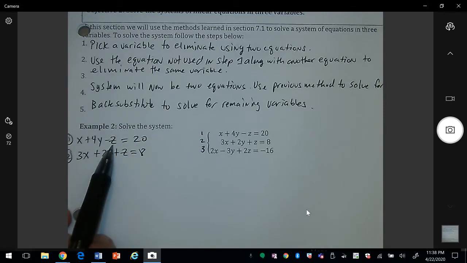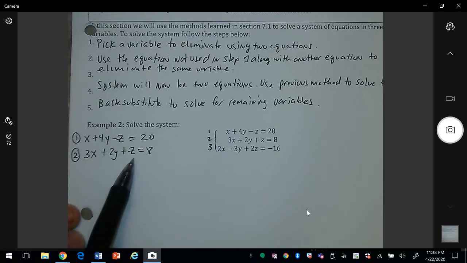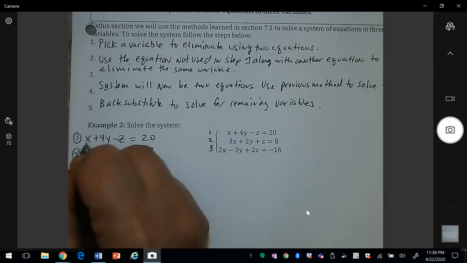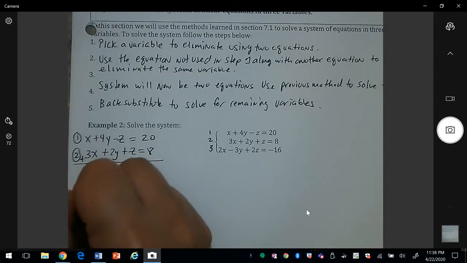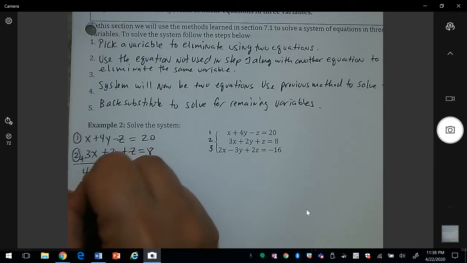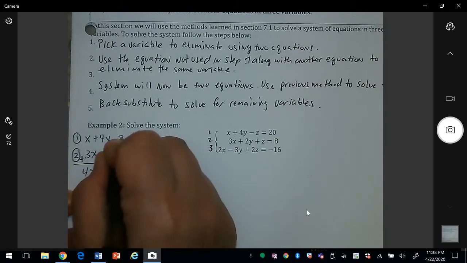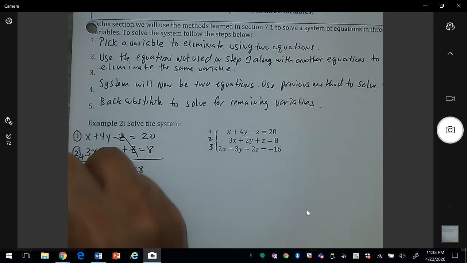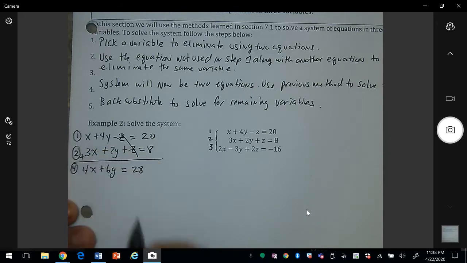So notice here we have -z and +z, so I can get rid of that using the elimination method. So x plus 3x is 4x. 4y plus 2y is 6y. My z's will become 0. 20 plus 8 is 28. So I'm going to call this equation number 4, since it creates a new equation.